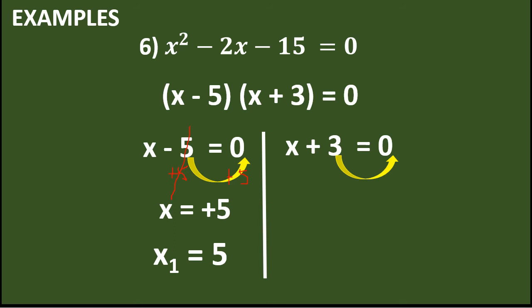So the additive inverse of positive 3 is negative 3. Positive 3 minus 3 equals 0. So bring down x, and 0 minus 3 is negative 3. So x is equal to negative 3. Our x sub 2 is negative 3 and our x sub 1 is positive 5.